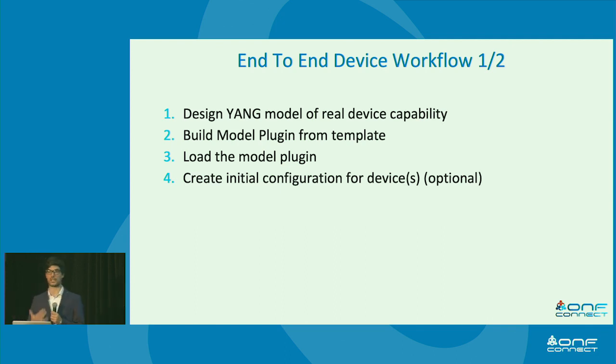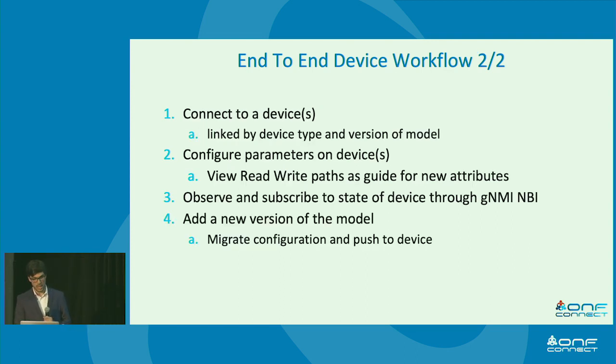We have in onos-config the capability to load the configuration before the device shows up. You just load it for a certain device type, and when the device shows up, you specify that device type for that device, and onos-config automatically, during connection, after the connection is successful, sends down that configuration.